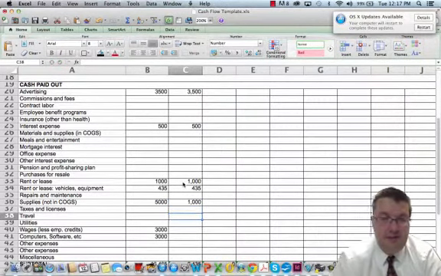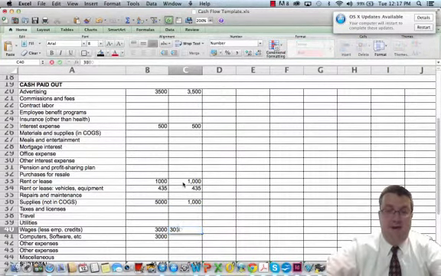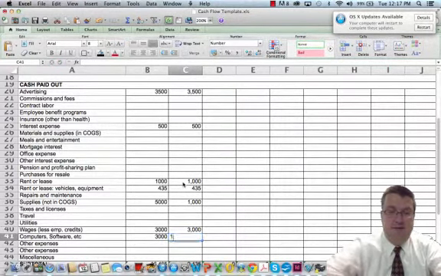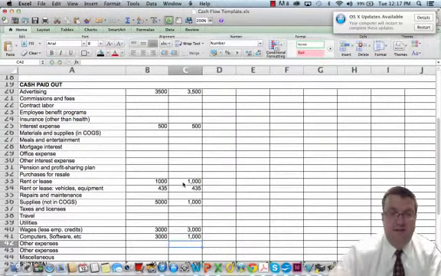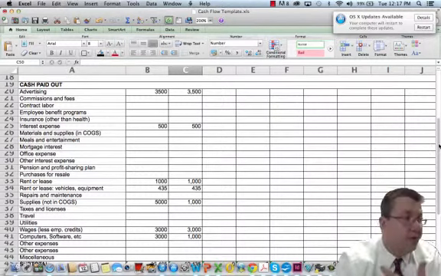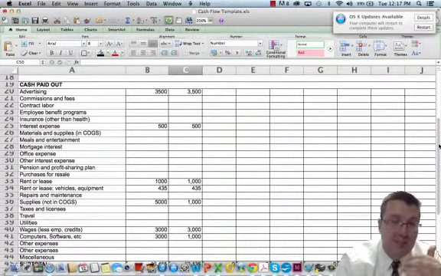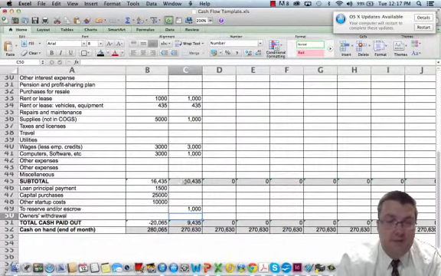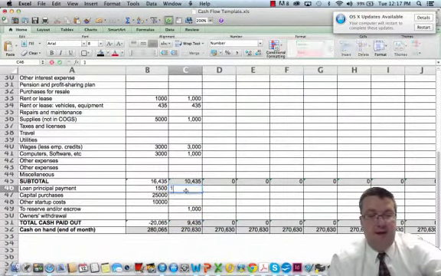Wages, still got to pay myself if I don't have anybody else. Maybe I found some more software that I need to buy, so let's do another $1,000 there. Now again, this is without really looking at an in-depth breakdown of all my expenses. This is just off the top of my head. Oh, got to pay for my loan.